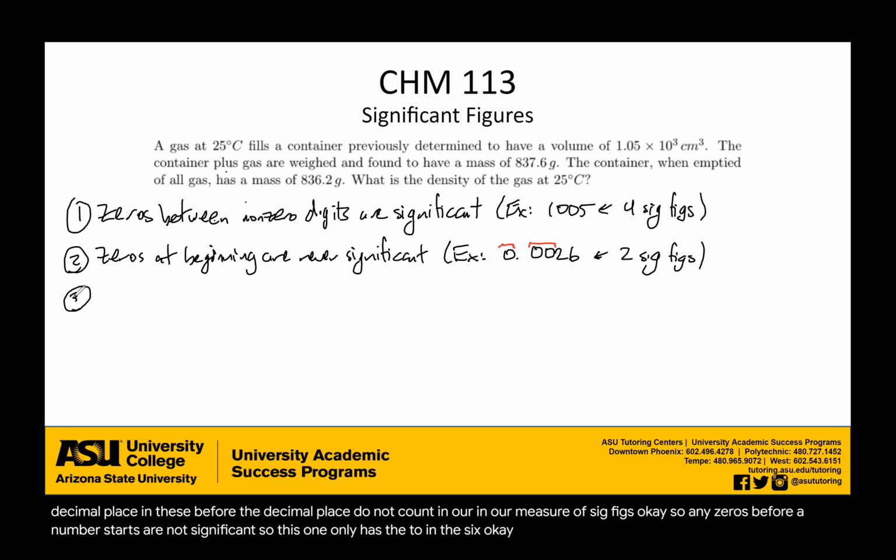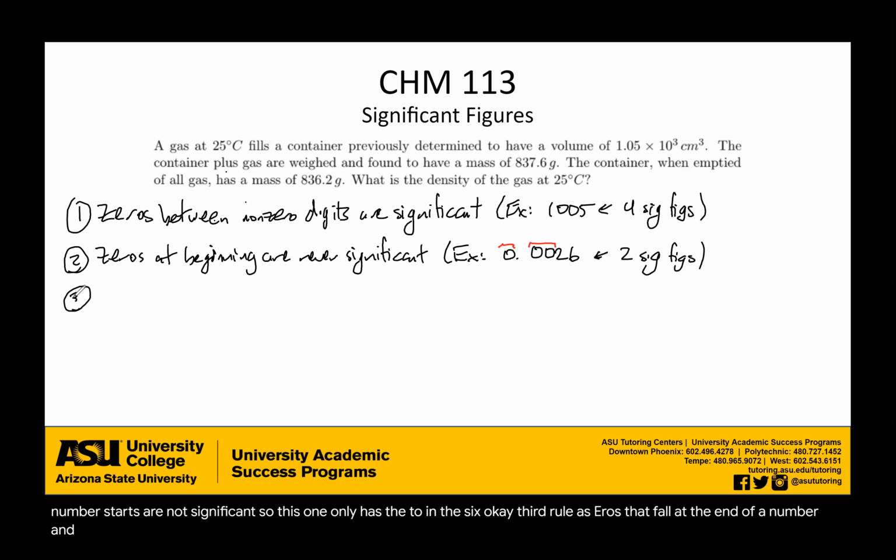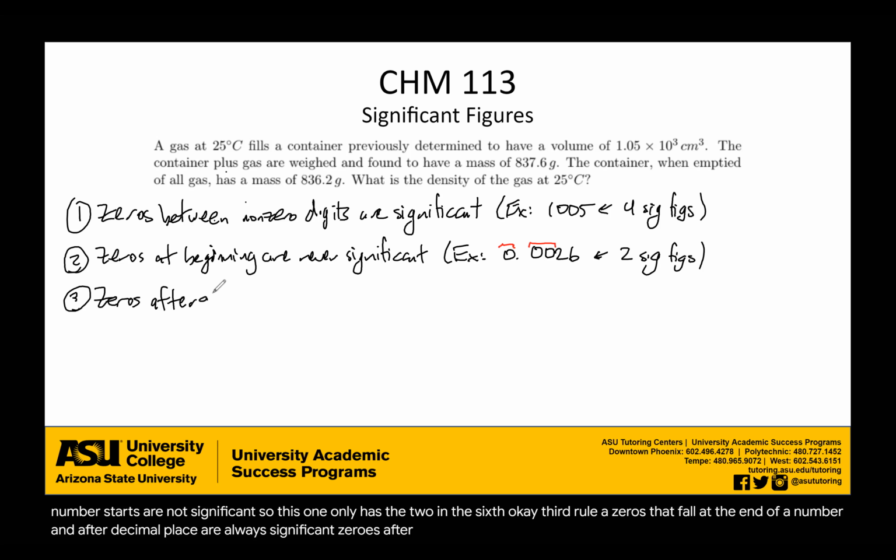Third rule. Zeros that fall at the end of a number and after a decimal place are always significant. Zeros after a non-zero number and after a decimal point are significant.